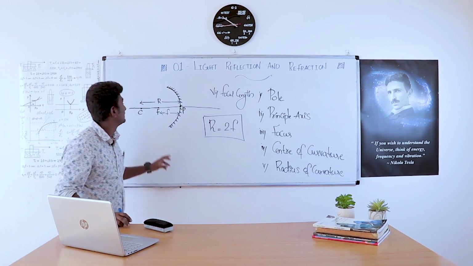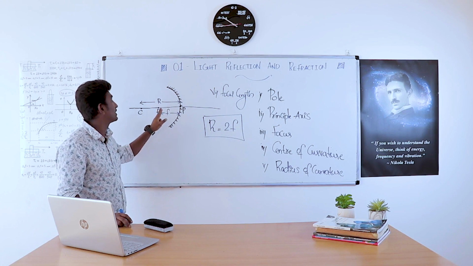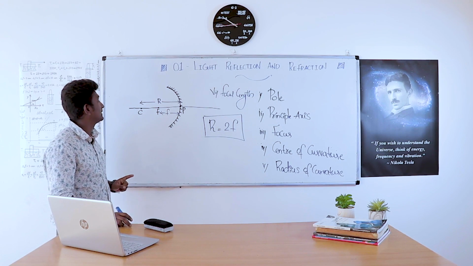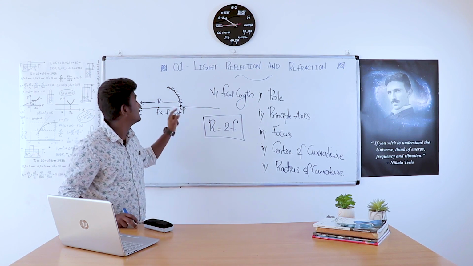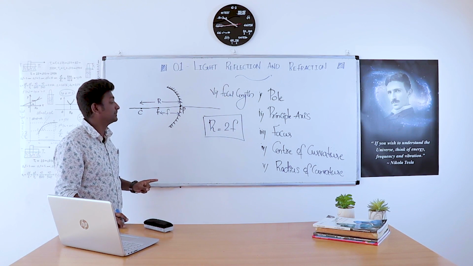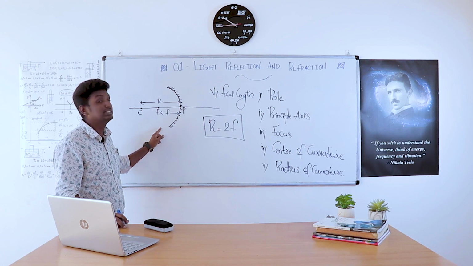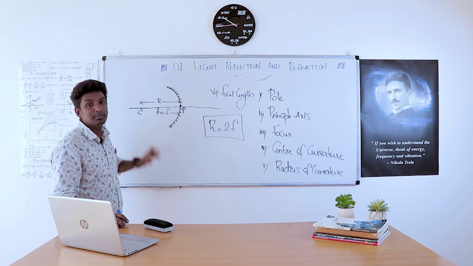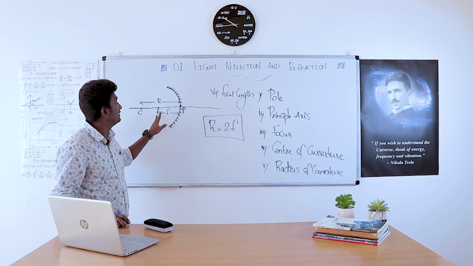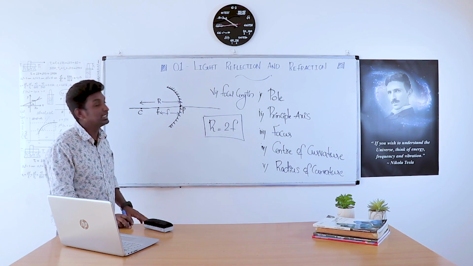The reflected rays from the mirror meet at a common point known as the focus of the mirror, represented by capital letter F. Then center of curvature: the center of the sphere in which the mirror is a part, represented by letter C. Then radius of curvature: the radius of the sphere in which the mirror is a part, represented by the letter R. Then focal length: the distance between focus and pole, represented by small letter f.